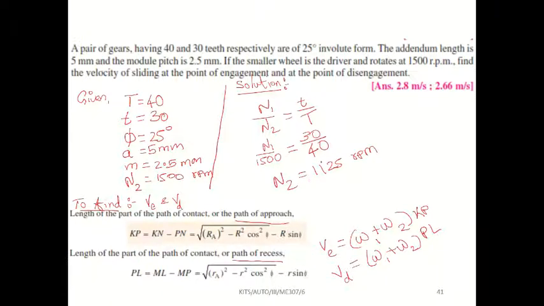Next, we got these values, but we need the addendum radius of the wheel, the addendum radius of the pinion, the radius of the wheel, and the radius of the pinion. These things we need. How can we find that? For that, we know the module value.